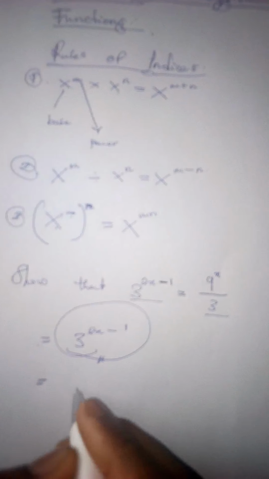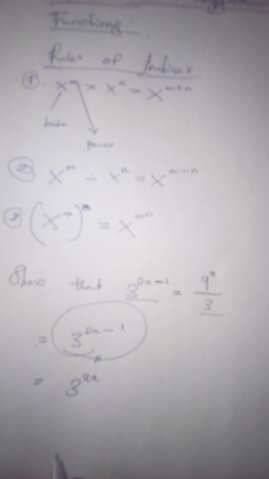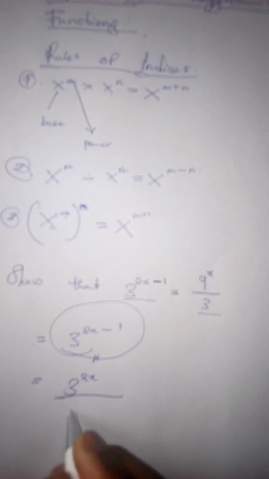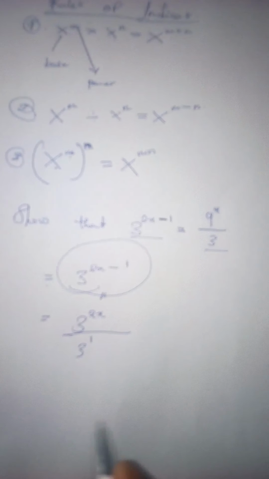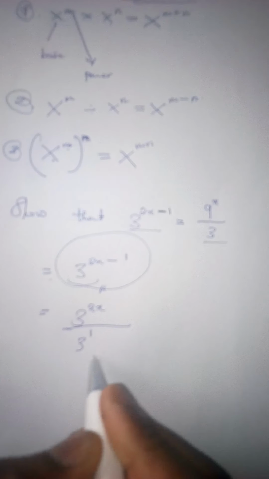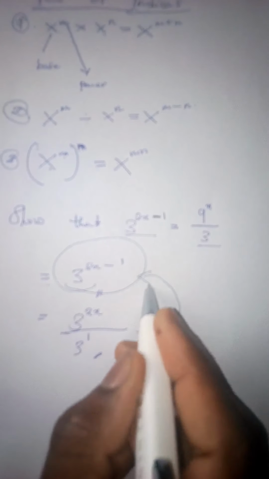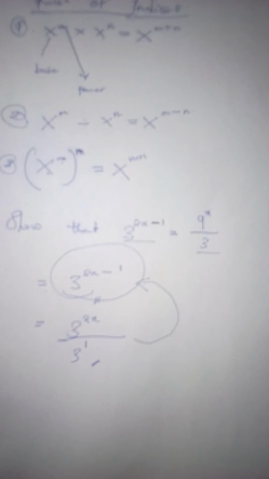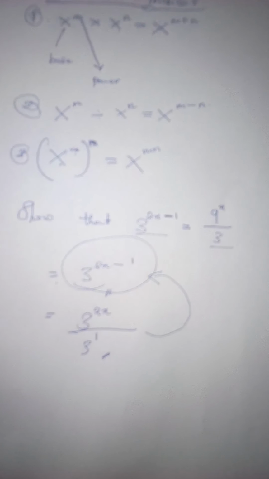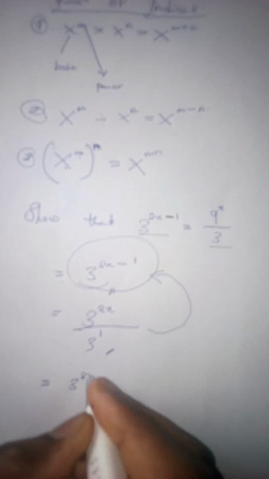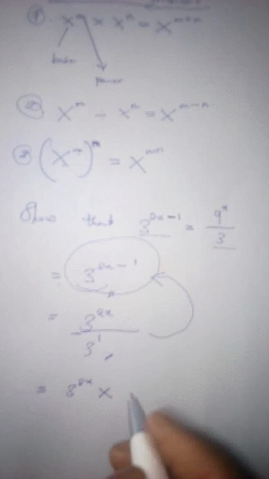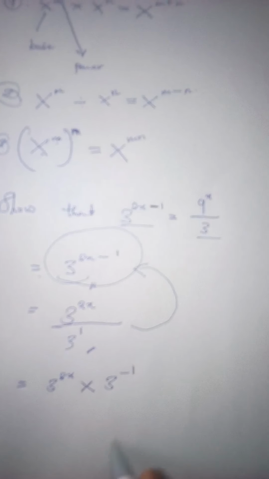So this takes us to 3^(2x) over 3 raised to the power 1. It's the same thing. There's nothing different. So this expression here is the same as this expression over here. And I can have the same expression 3^(2x) as 3 to the power negative 1. It's the same thing.